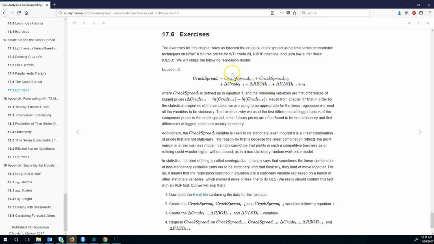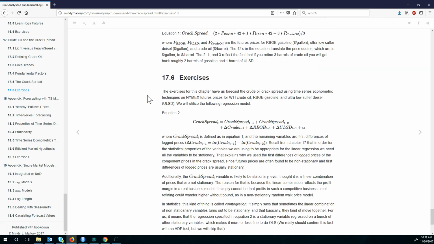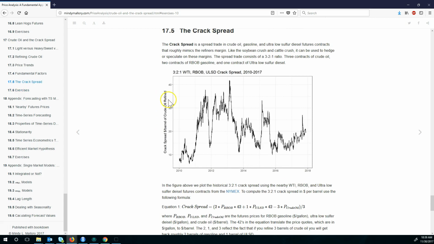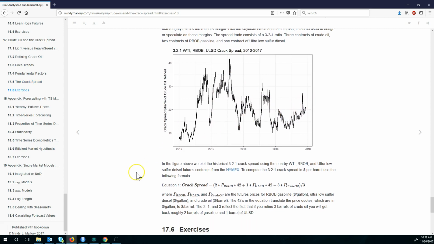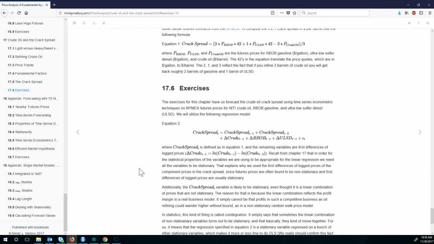But notice we're not doing delta crack spread itself, and there's a couple reasons for that. One is when I just eyeball this data, it doesn't really look non-stationary to me. It looks pretty much stationary, like it's floating around some kind of long-term mean. Although in statistics and in forecasting, eyeballing it is rarely enough.